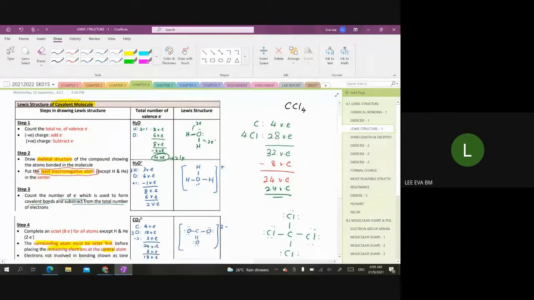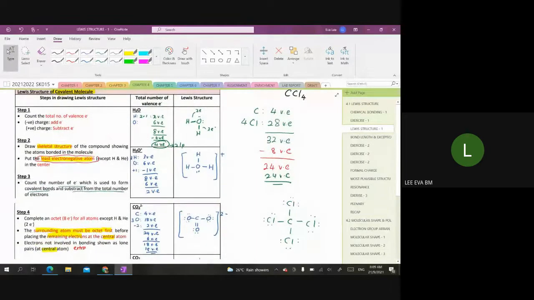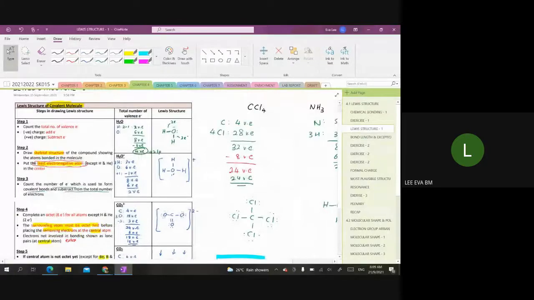The Lewis structure is based on your molecular formula. Calculate the total valence electrons, and then arrange how the electrons should be located. The total number of electrons inside your Lewis structure should be the same as what you have calculated.